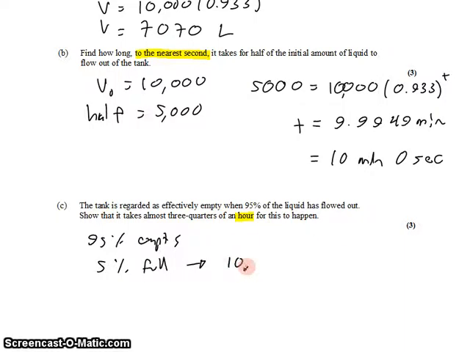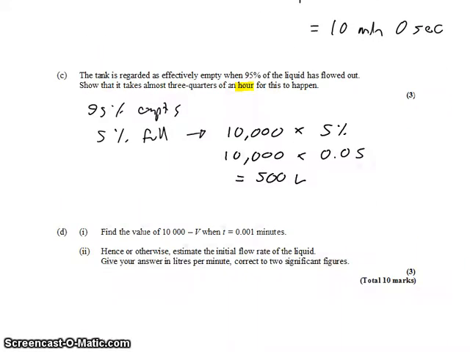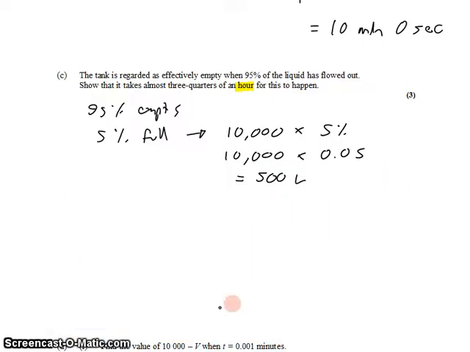So we have 10,000 times 5%. That's 10,000 times 0.05. That's 500 liters. So we want to find how long it takes for 500 liters to remain.